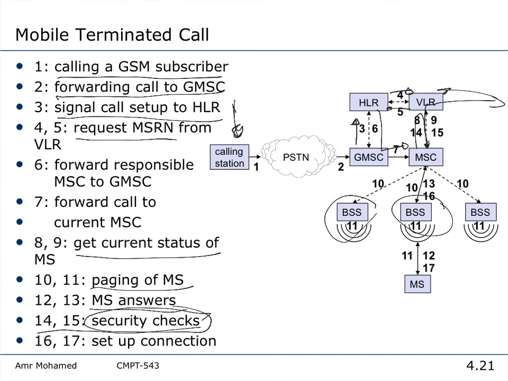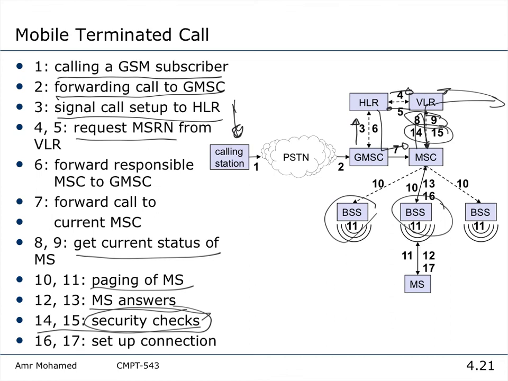If the answer is that, okay, you are valid, you have everything correct, then you need to do the paging. After you do the paging, you find the MSC. Then you need to perform security checks, and you need to establish a secure communication. As part of establishing secure communication, you also need to connect with the VLR. So 8 and 9 is for checking the status. 14 and 15 is for establishing secure communication.